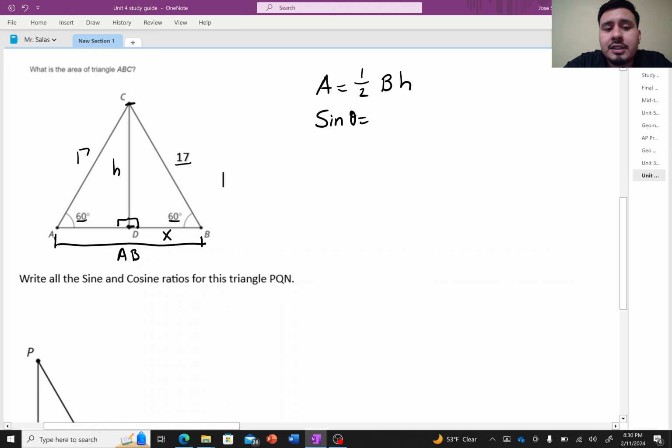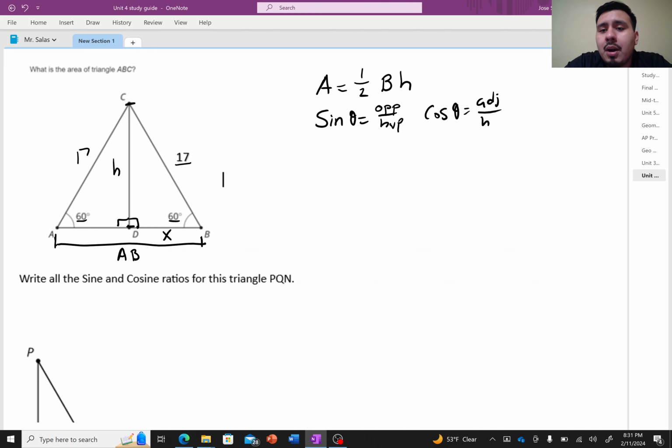Sine of theta is equal to the opposite over the hypotenuse. Cosine of theta is adjacent over hypotenuse. And then the last one is tangent of theta, which is opposite over adjacent.